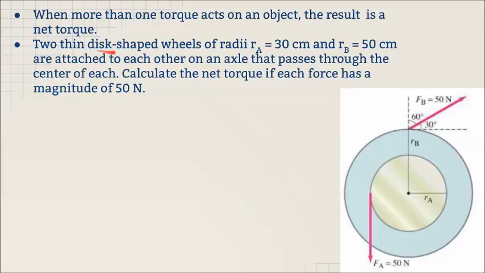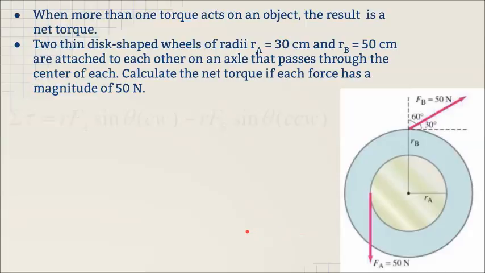They're two thin wheels of radius A. The inside one is 30 centimeters and the outside one is 50 centimeters. They're attached together on the axle, which passes through the center of each, at the solid dot there. And we're going to calculate the net torque in each, if each force has a magnitude of 50.